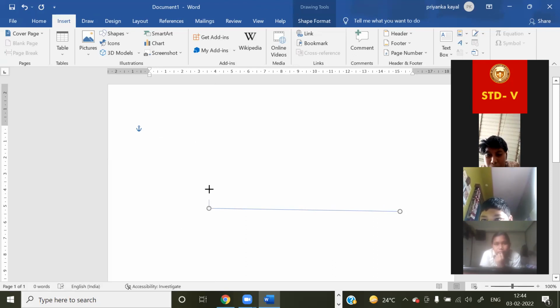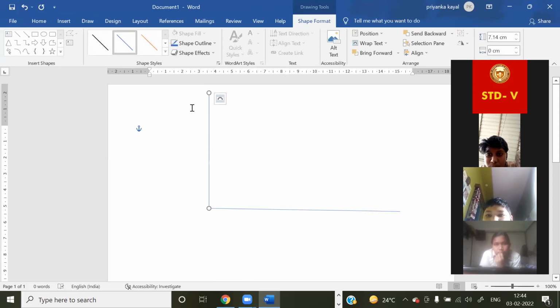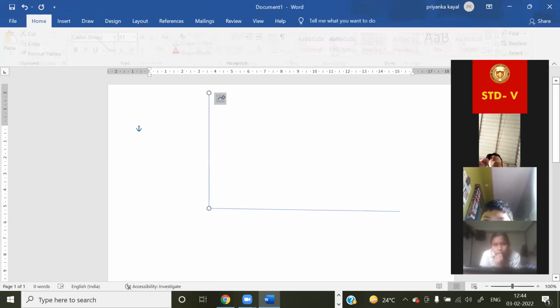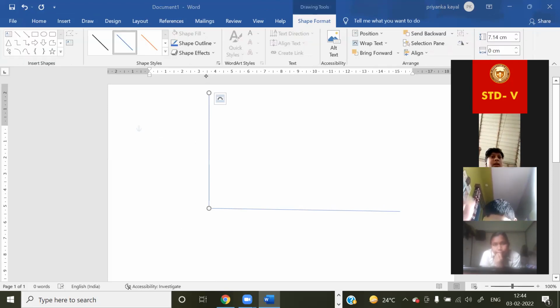Another vertical line we have to take. Is it clear to everybody? Here you have to give an arrow sign. Arrow means we can extend. This is a ray; we can extend the line as much as we want. Understood?